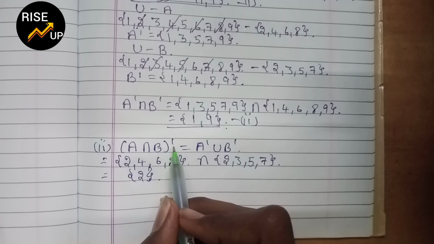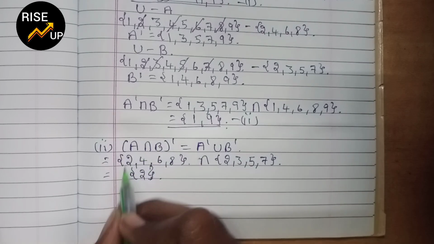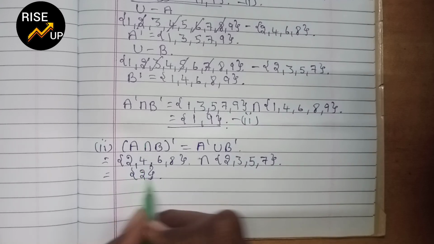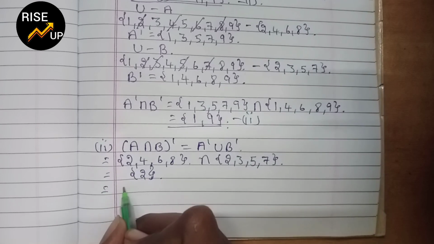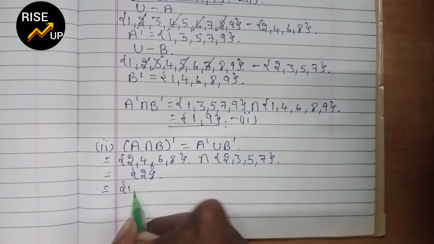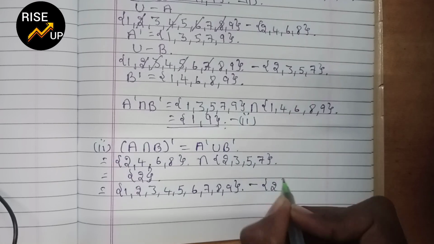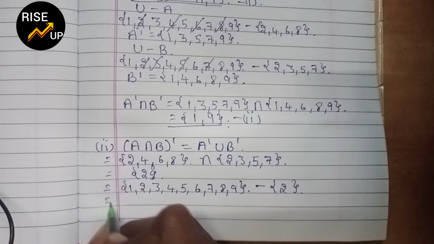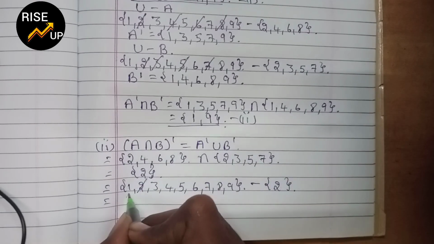Then the second step is to find the complement of A intersection B. How will you find the complement? You have to subtract these elements from the elements of the universal set. So write down the elements of the universal set first, then cancel out 2 from the universal set and write down the remaining elements.